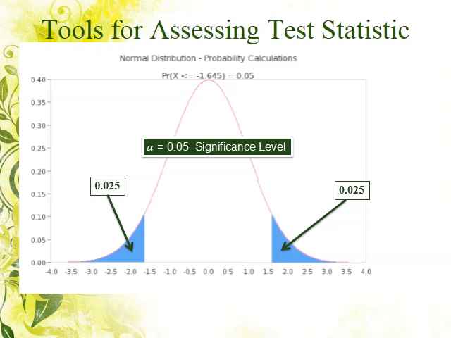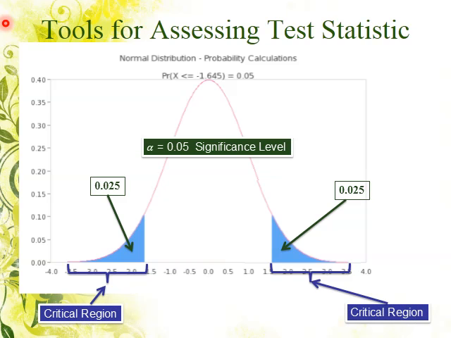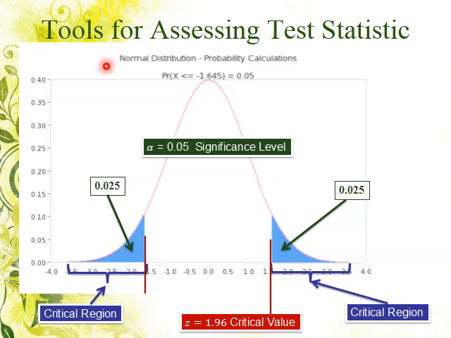The critical regions are these values down here. If my test statistic falls into one of those critical regions, I would reject my null hypothesis. The critical value is that value that separates this critical region from the rest of it.